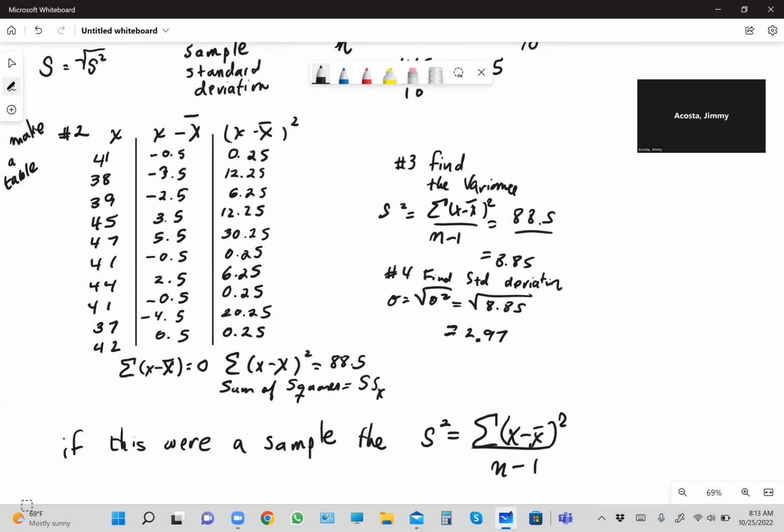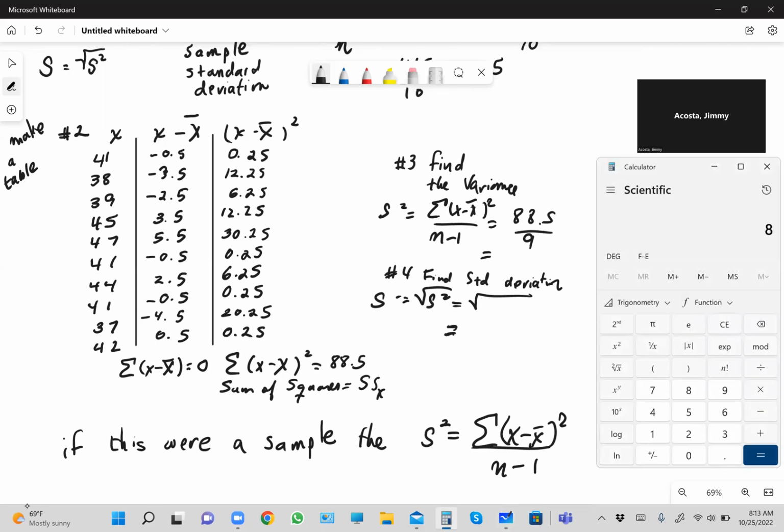This small little change is going to change this number a little bit. And we write S now, 88.5 divided by 9. Is that right?